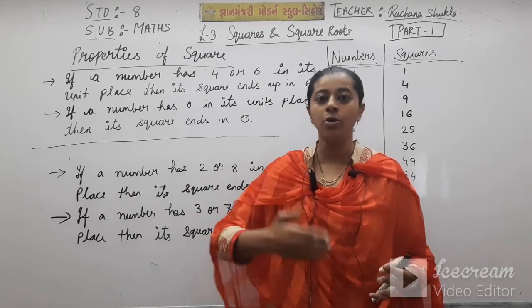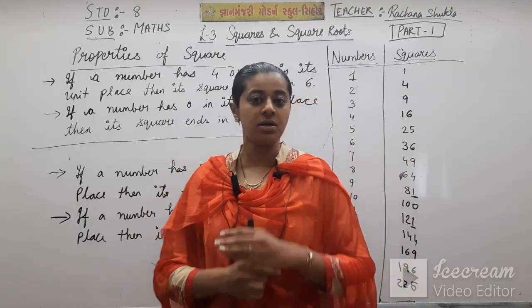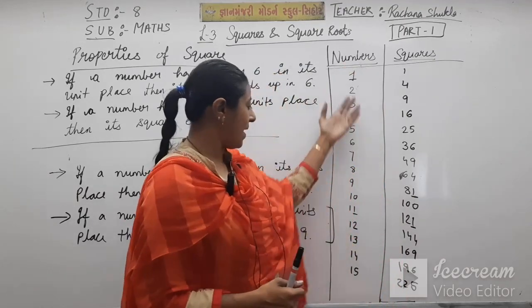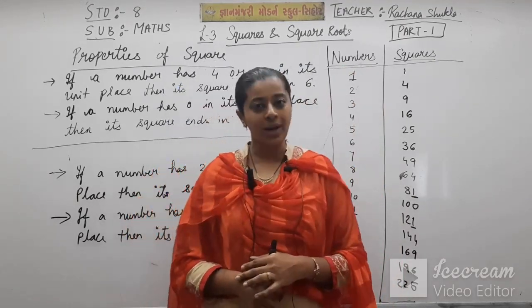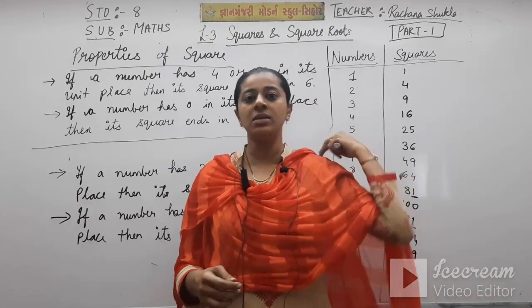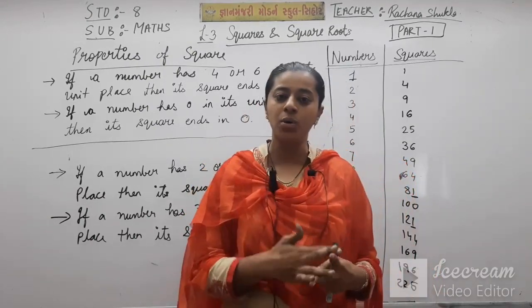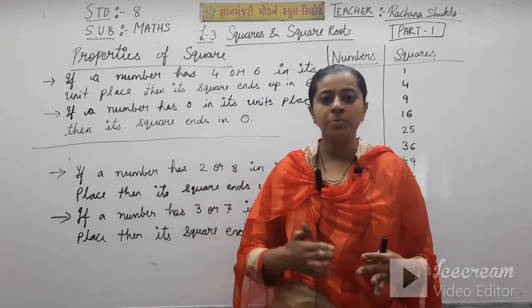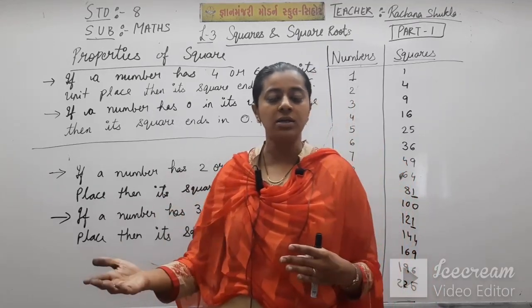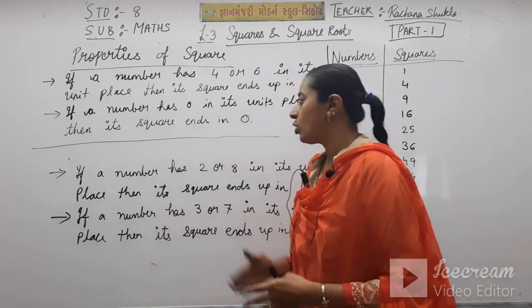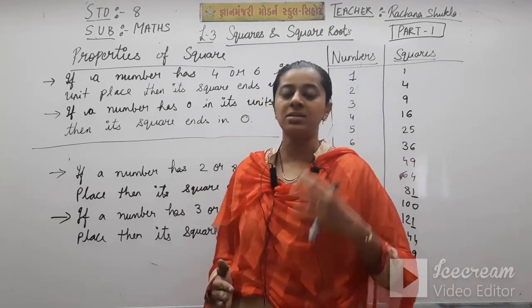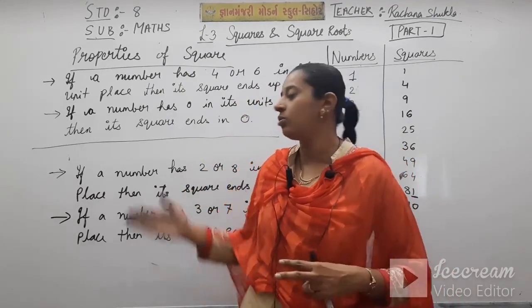You have studied how to calculate the square of a number. You will learn the squares of numbers up to 20, and then we have seen 2 properties of squares, property 1 and property 2. With properties 3, 4, 5 we will continue in the next part. So learn both these properties thoroughly.